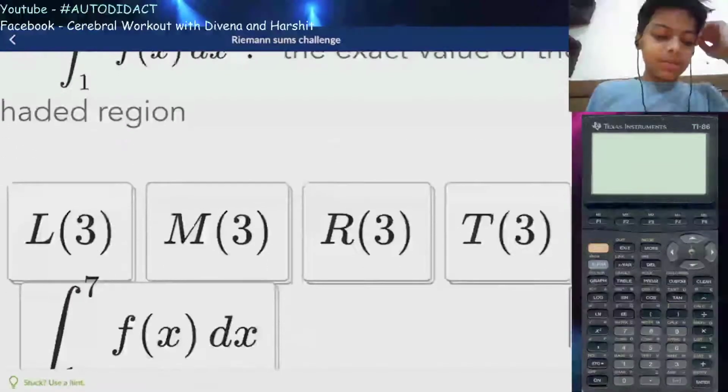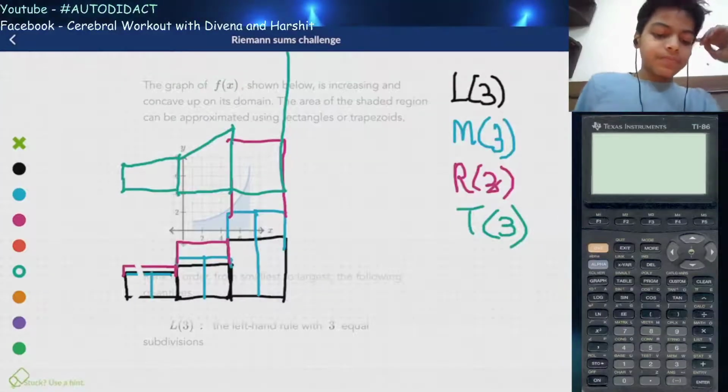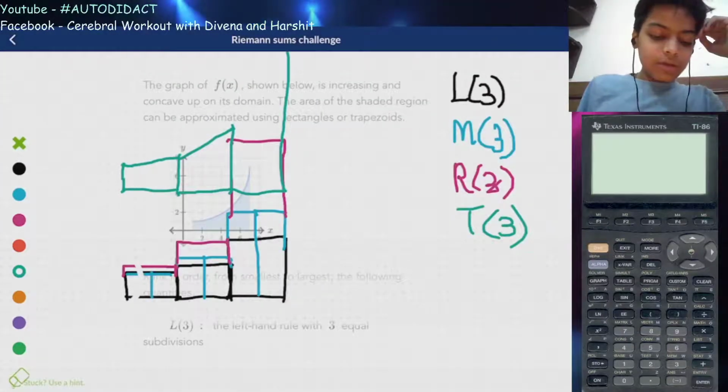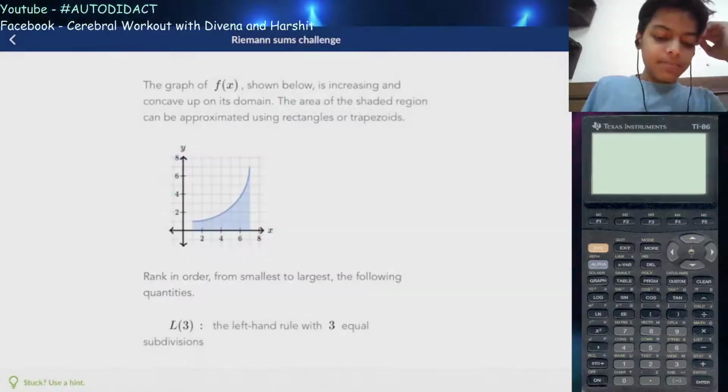So let's just put them in order. The smallest one was the left one, followed by the right one, which was bigger than them.